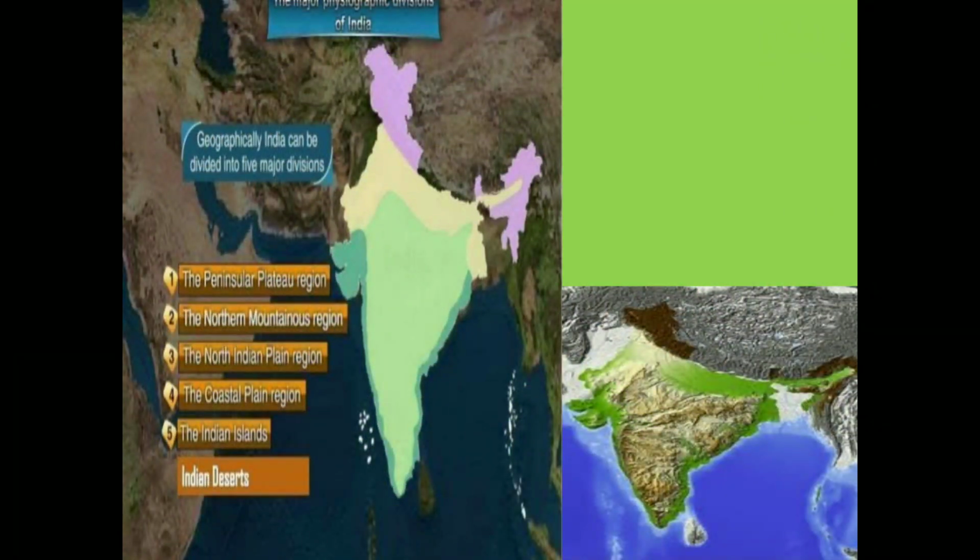Now you can see that we have 5 major physical divisions. If you see this map, you will understand better that we have different colors, right?